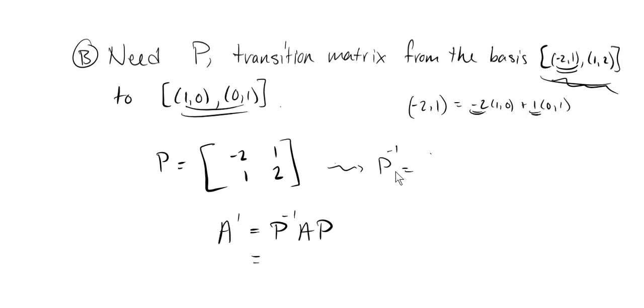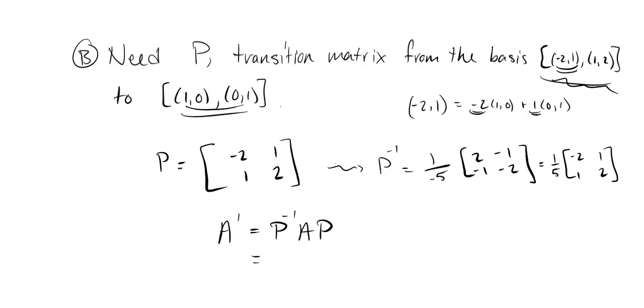It looks like we get 1 over negative 5, negative 4 minus 1, times this matrix. You can check my work there on that little matrix inverse, but I think that's what we get. Maybe I'll absorb the negative, leave the 1/5 outside. I'll absorb that negative there. And now I'm ready to go.